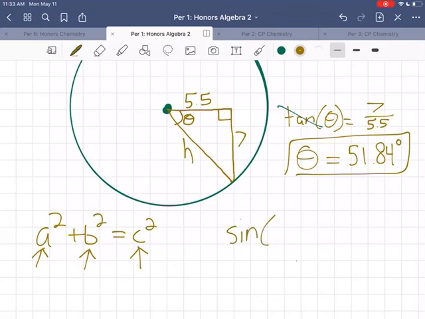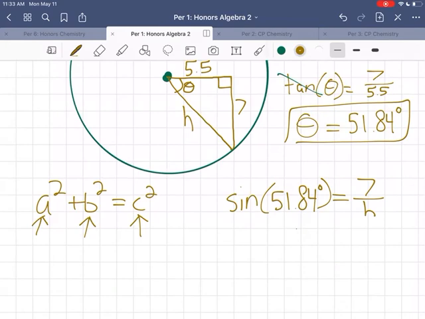The sine of the angle 51.84 degrees is going to be the opposite over the hypotenuse. The opposite of that angle is 7, and the hypotenuse is h. All right, we don't know h. Let's go ahead and use some algebra. Multiply both sides by h. I'll use a different color to show that.